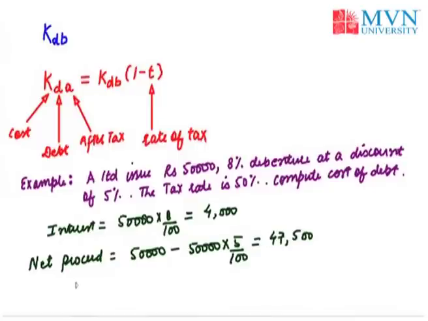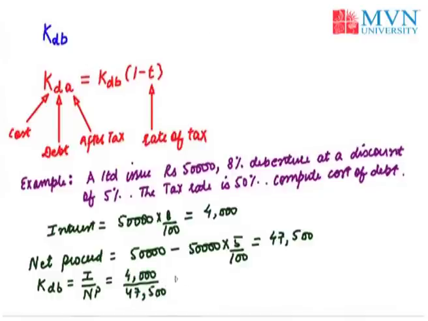Applying the formula of cost of debt, we can easily calculate the cost of debt before tax using the formula, which is interest divided by the net proceeds, which is 4,000 divided by 47,500.